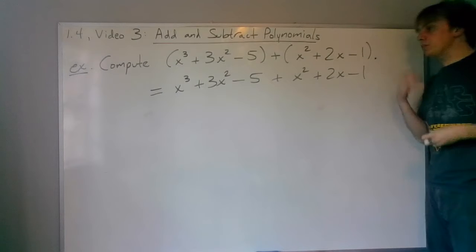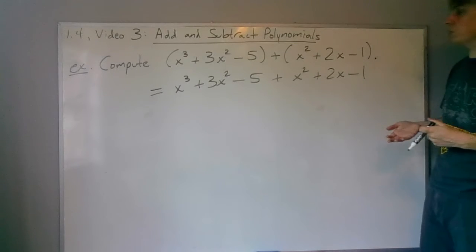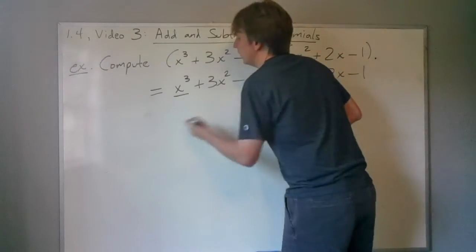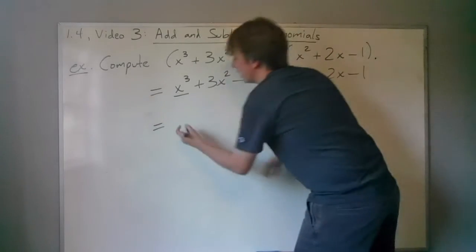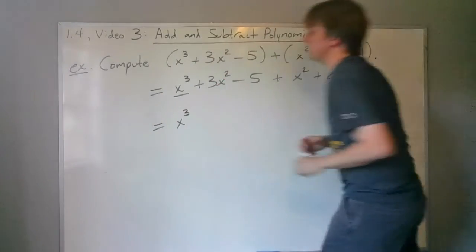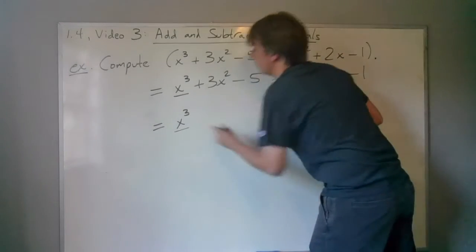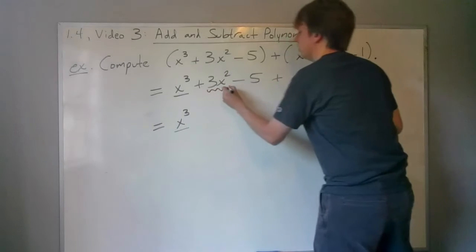We also have a commutative property that says you can shuffle the order if you want. And so I should probably shuffle the order and put things that look alike together. I'm going to underline them as I go to make sure I get all of them. I have an x cubed. That's the only x cubed I see, so it's the only one like that. I see x squared a couple of places.